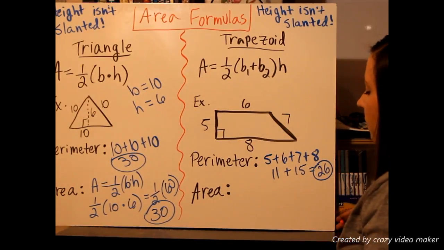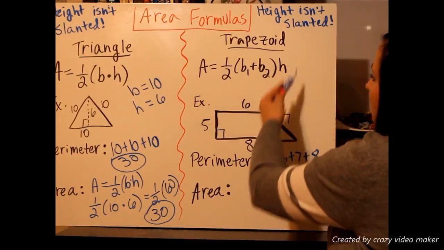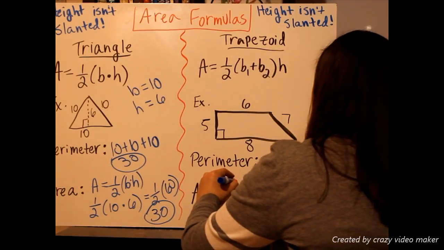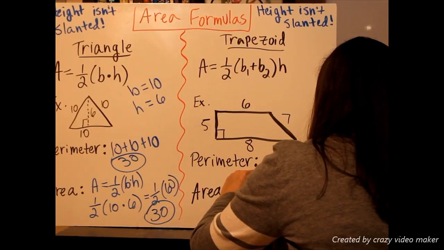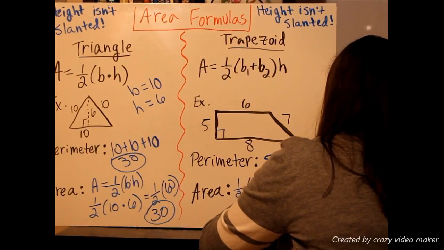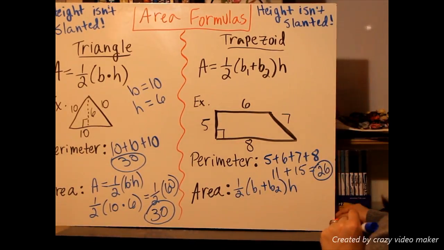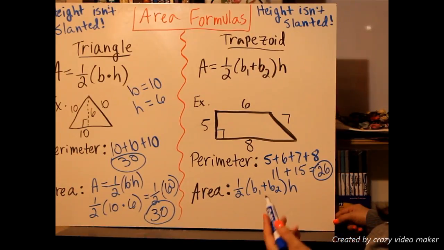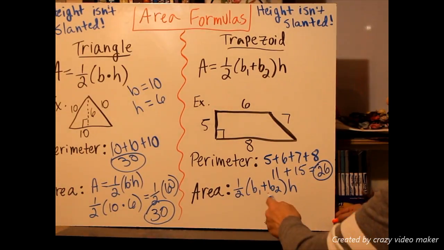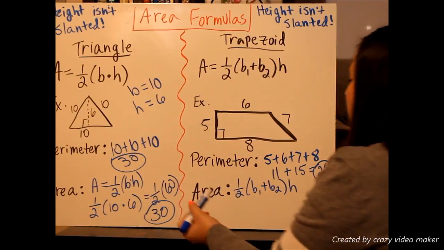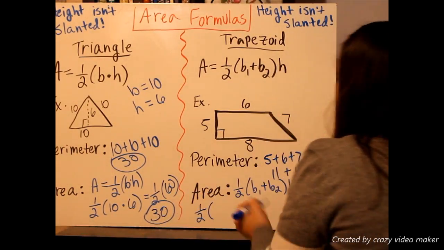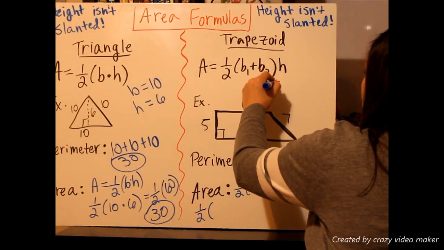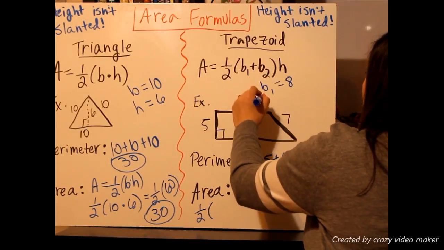Now your area. Your area, we're going to use our formula. 1/2 times B1 plus B2 times H. First thing we're going to do, we're going to plug in our numbers here. So we have 1/2 times, and we're going to identify B1 is going to be 8.